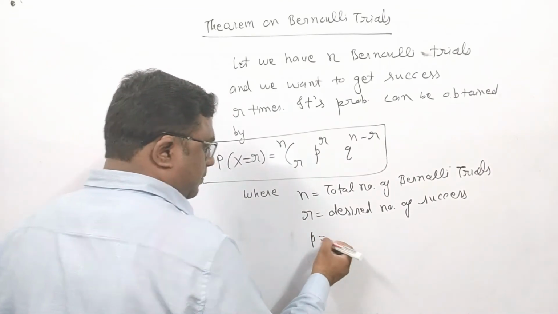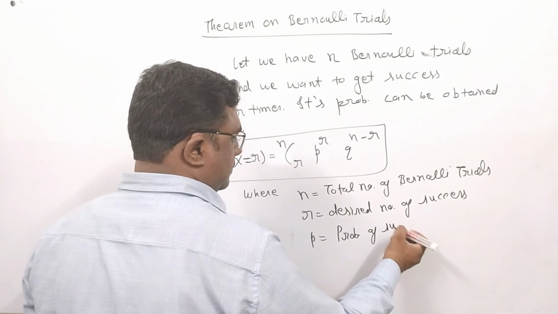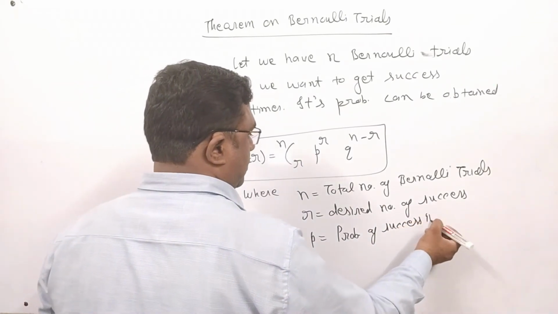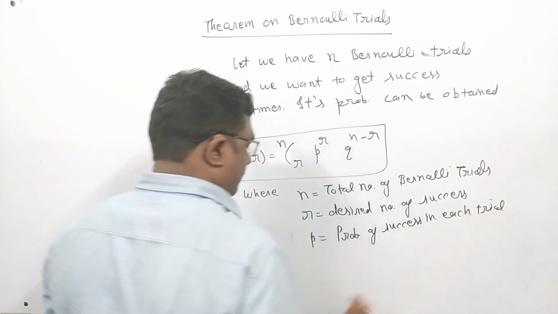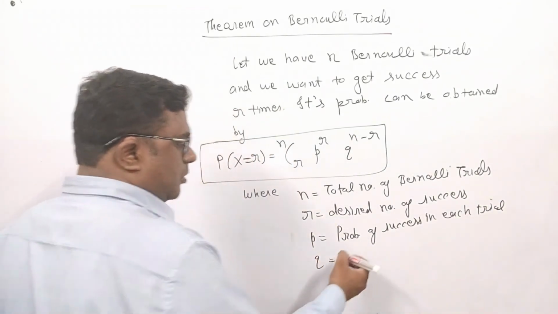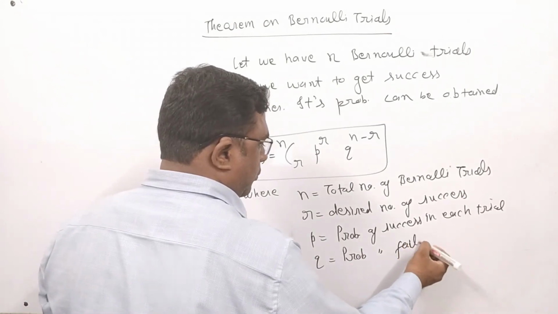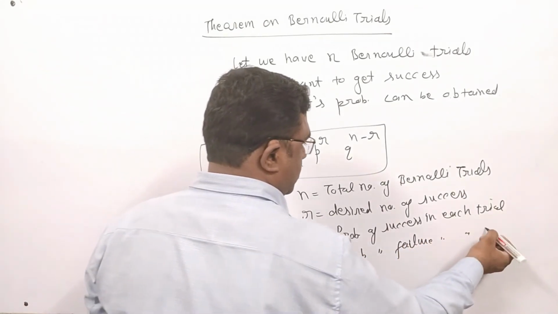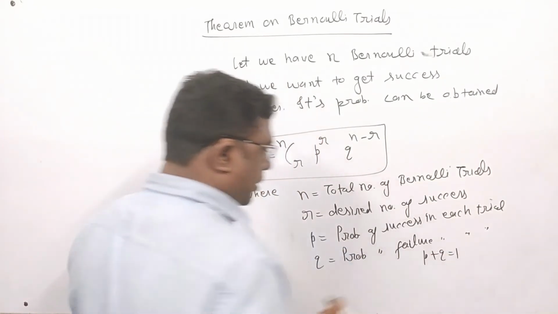What is p here? p is the probability of success in each trial. What is q? q is the probability of failure in each trial, and p plus q is definitely 1.